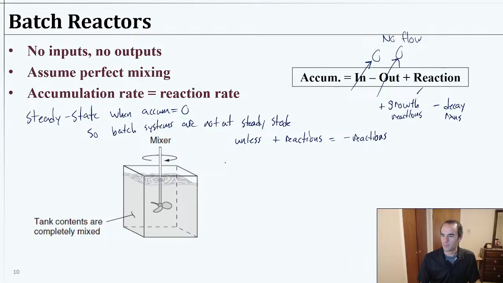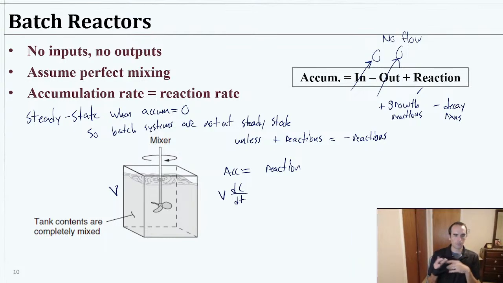Okay, so anyway, let's write out the mass balance. So accumulation equals the reaction terms. What we'll say is the accumulation within some volume, if we give this some volume, we write the accumulation as dc dt. The reason we write it that way is because dc dt is the way to write accumulation, right?